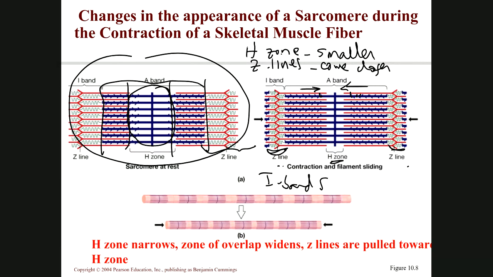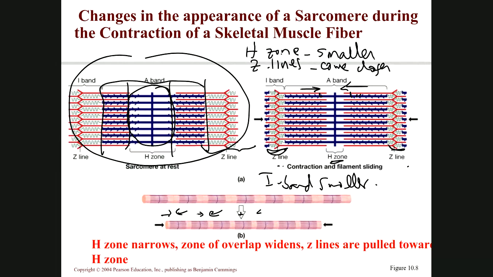As the entire sarcomere is pulled towards the H zone, and you can see here several sarcomeres, as each sarcomere is being pulled towards the H zone, the entire myofilament contracts towards the center.